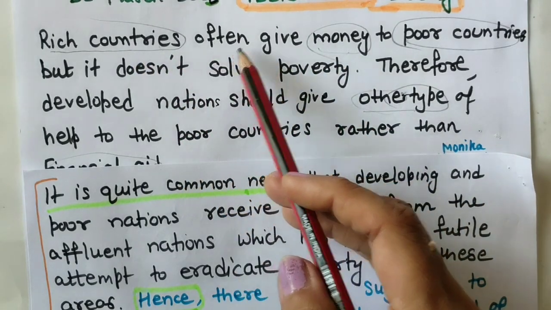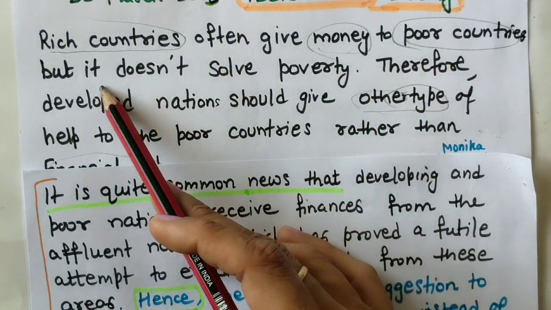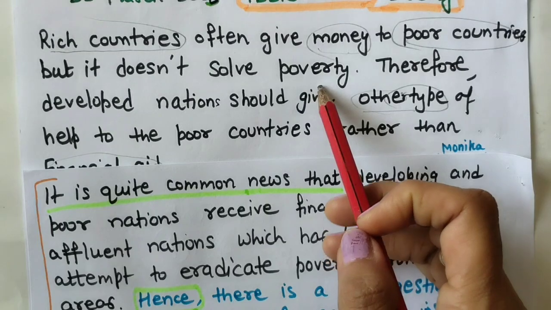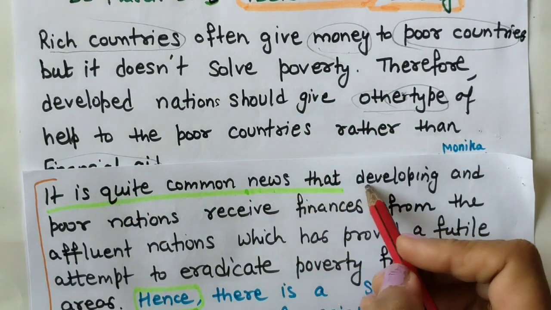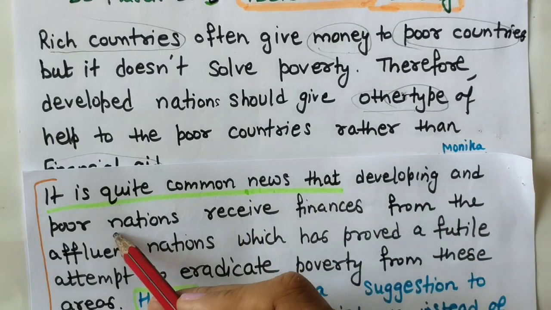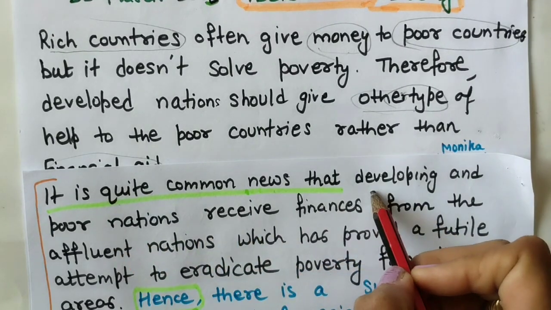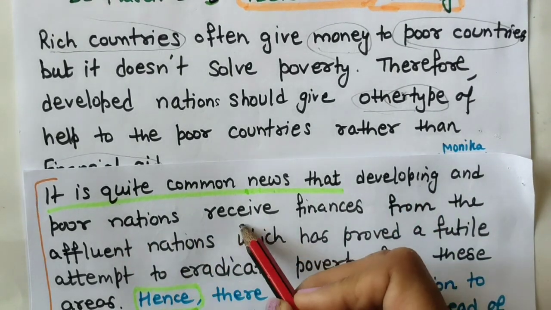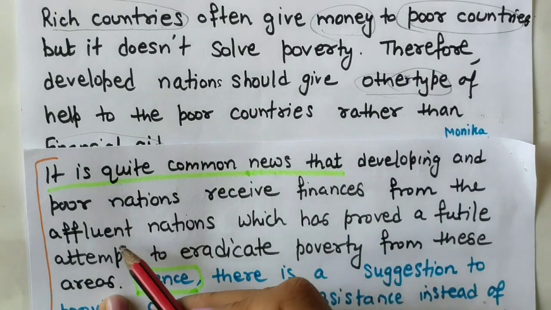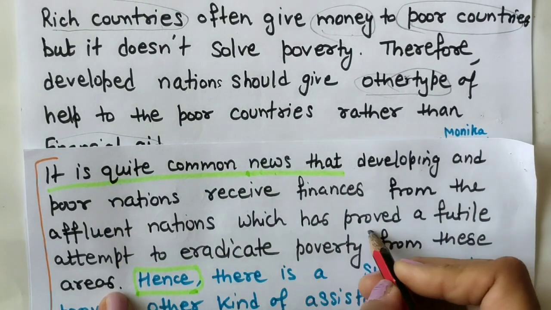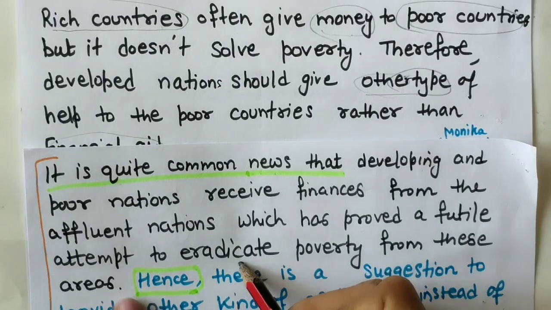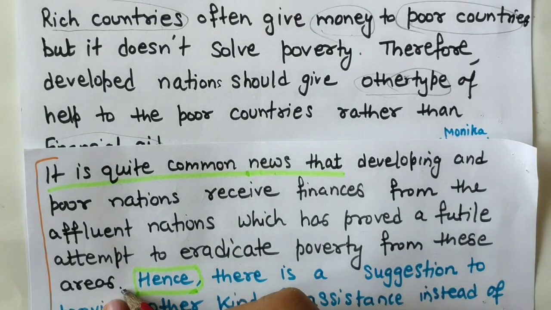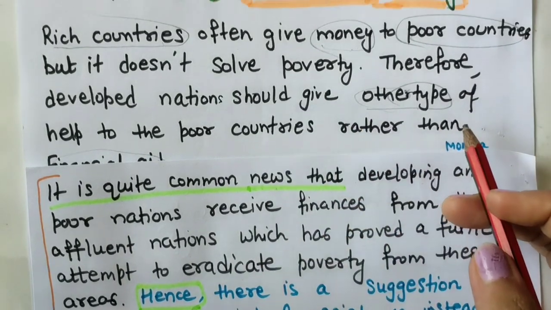Rich countries often give money to poor countries, but it doesn't solve poverty. I wrote: it is quite common news that developing and poor nations receive finances from the affluent nations, which has proved a futile attempt to eradicate poverty from these areas. See how I have paraphrased.